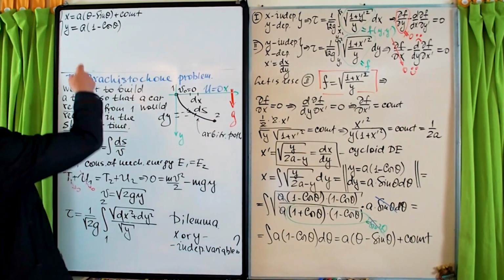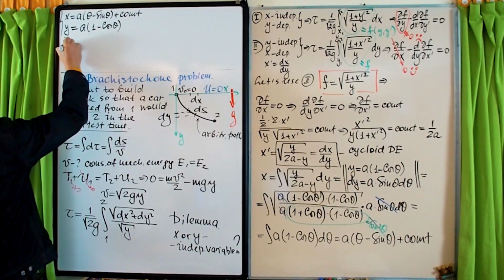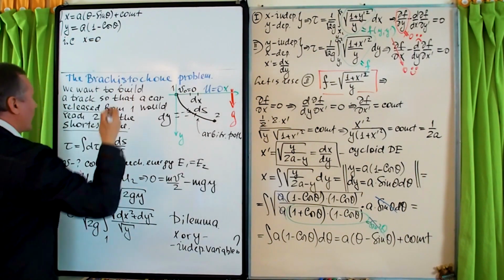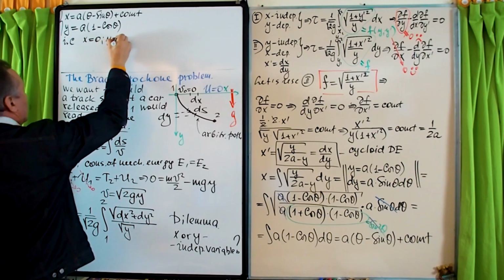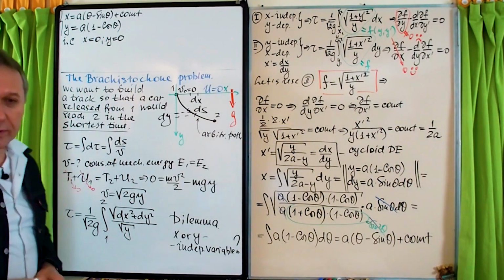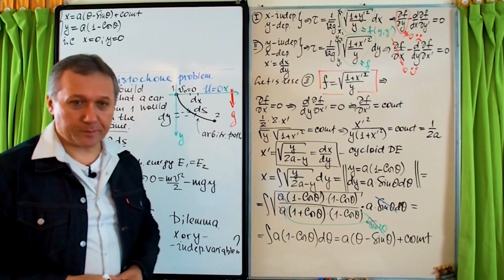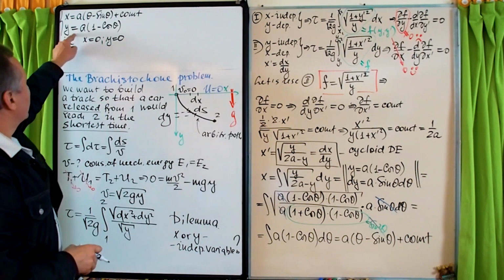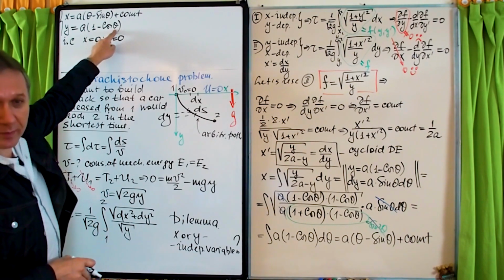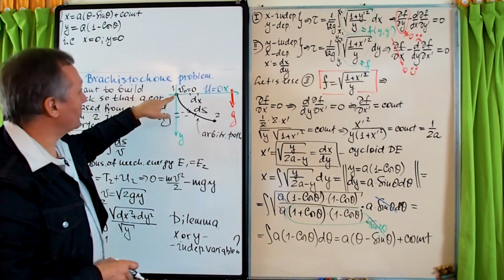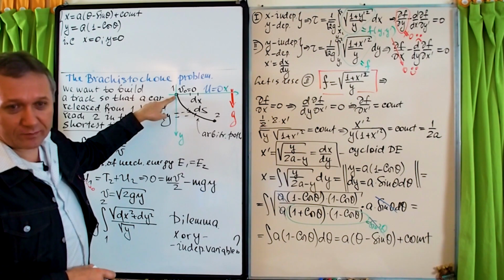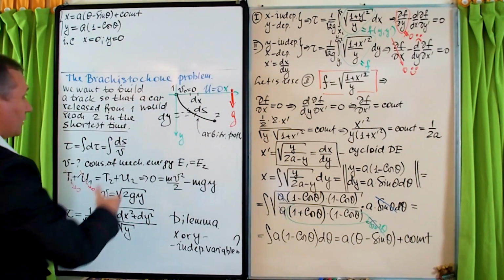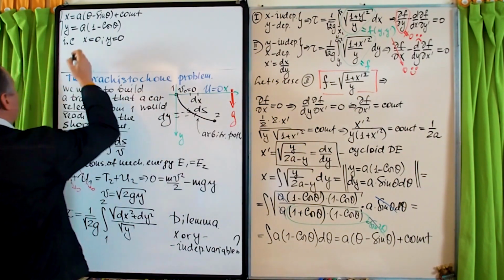So y equals 0 can be used to find the value of the parameter theta at the moment when the system is at this point.